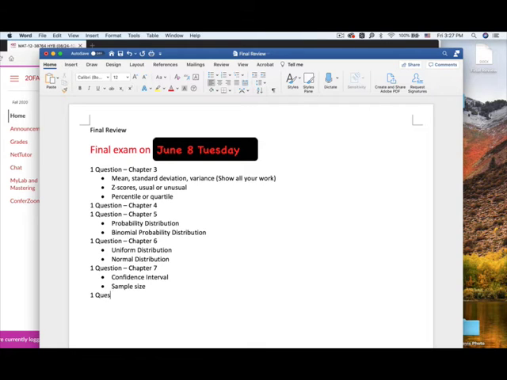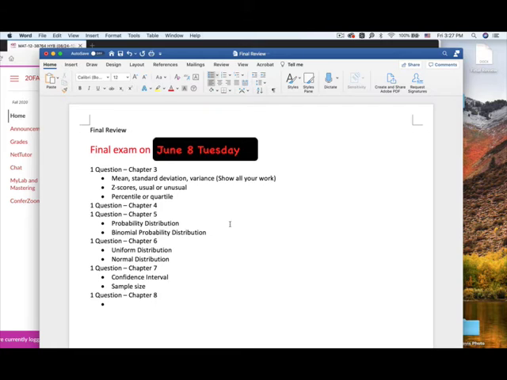Okay, you will have one question from chapter 8, the hypothesis testing. For the hypothesis testing, it can be with the proportion, the mean, standard deviation, or variance.